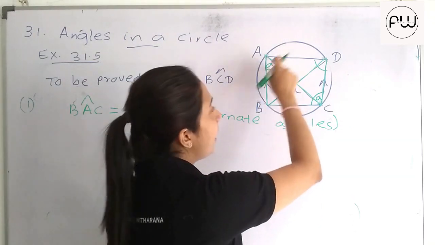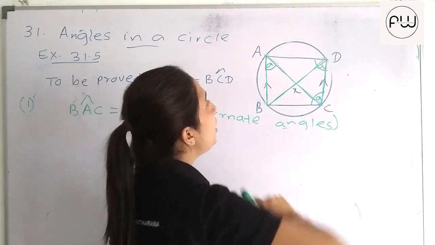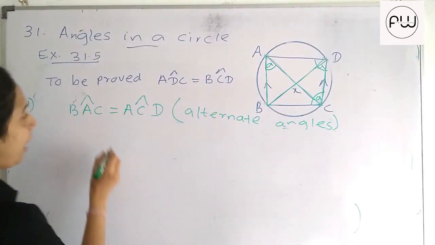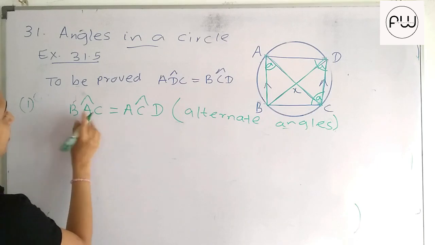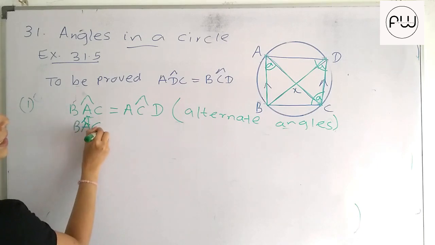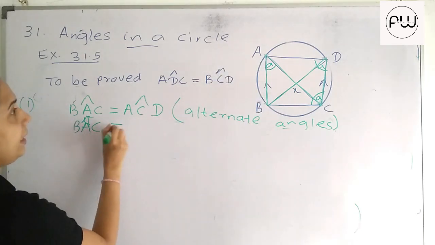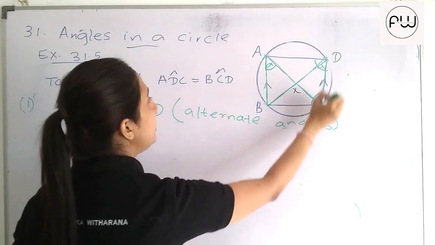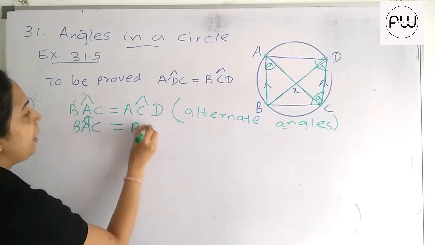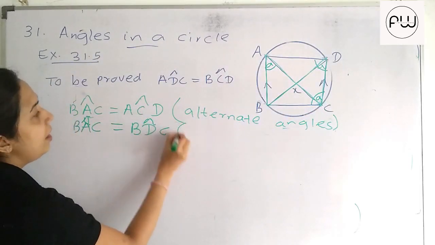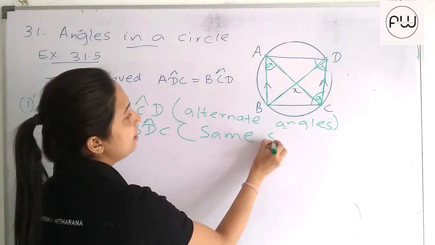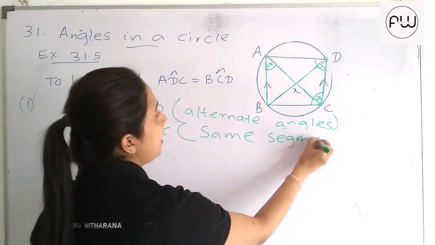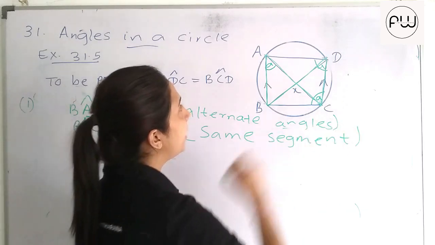If this is A, this one also should be A. Then we can write angle BAC equal to angle BDC. What is the reason? Same segment. Angles are in the same segment.